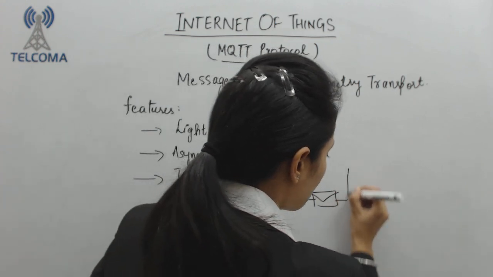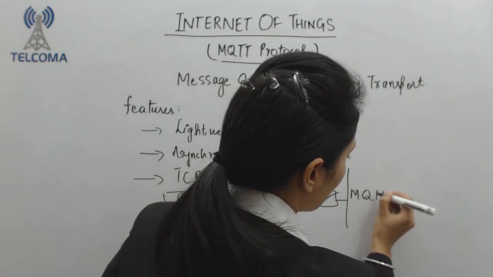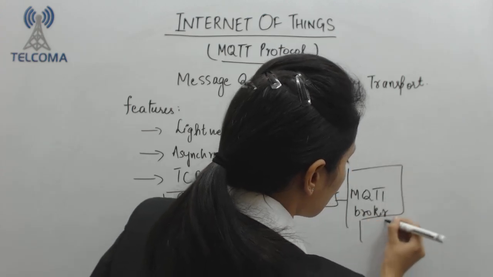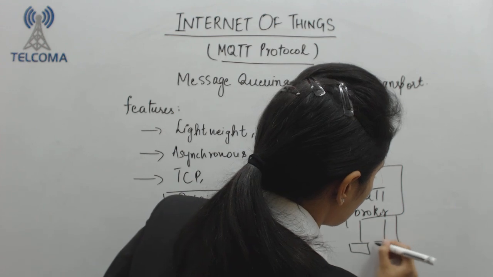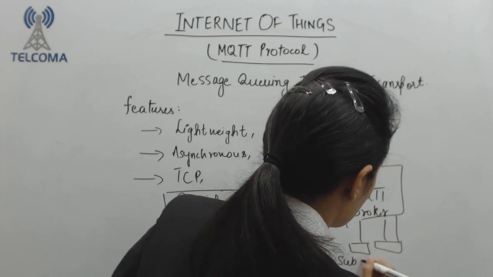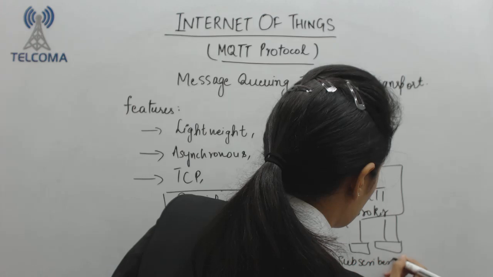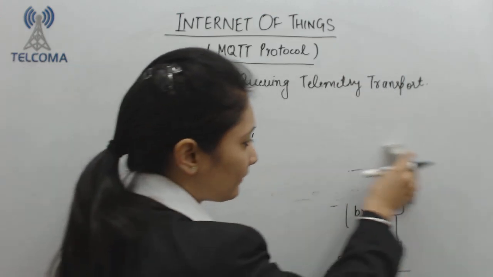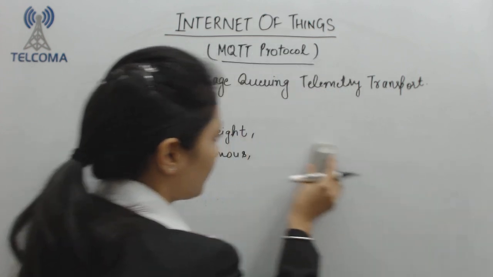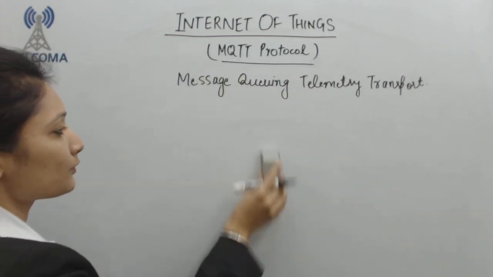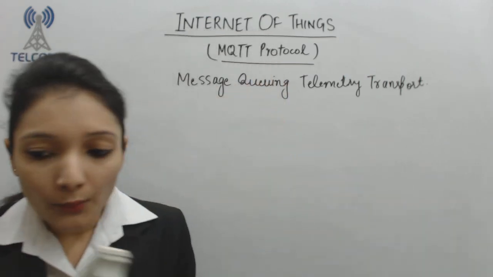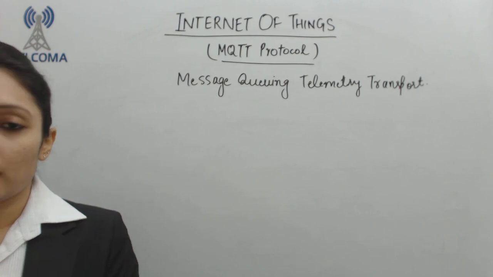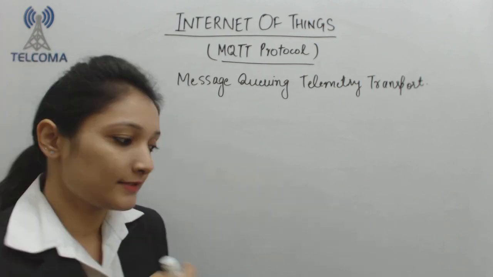Now this is going through your MQTT broker to the various number of subscribers. Now after this we will see the detailed architecture of the MQTT protocol, how it works, and how it is able to transfer the information between these various nodes.